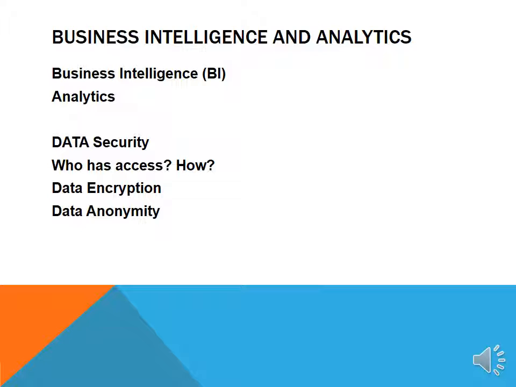Now, data anonymity is where you scrub the identifiers off the data so that the data are there, but they're not linked to any personal identifiers. This is very good for research purposes, but it doesn't make a whole lot of sense as far as usability is concerned.